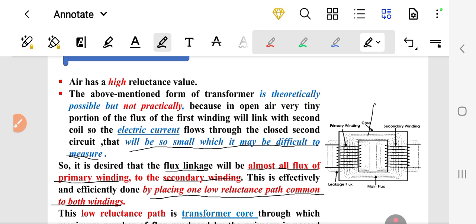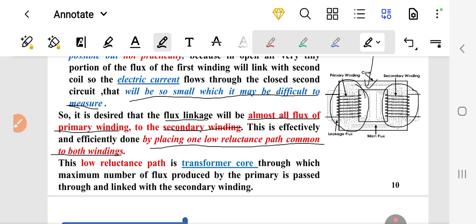We have this core. This material is a ferromagnetic material that can confine, integrate and collect the flux lines produced by the primary winding and pass them all to the secondary winding, so all the flux produced by the primary winding will be linked to the secondary winding. This low reluctance path is called the transformer core, through which the maximum amount of flux produced by the primary is passed and linked to the secondary winding.